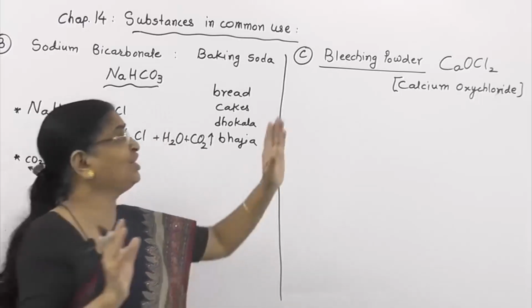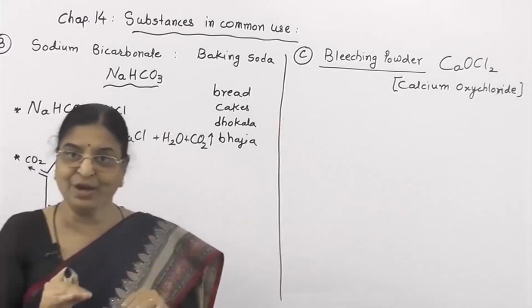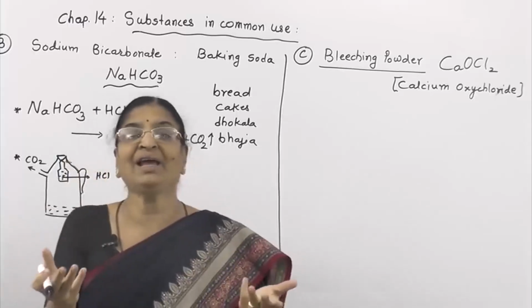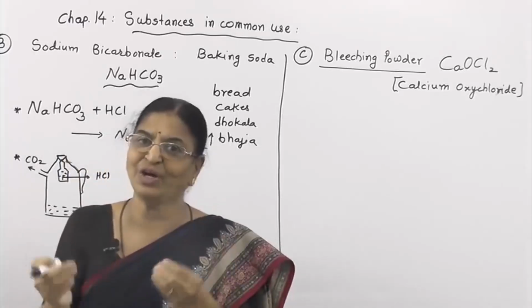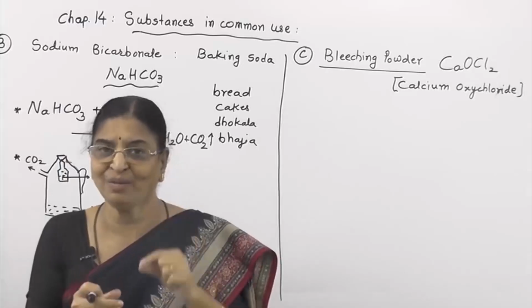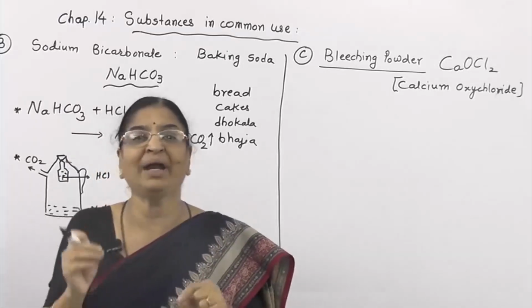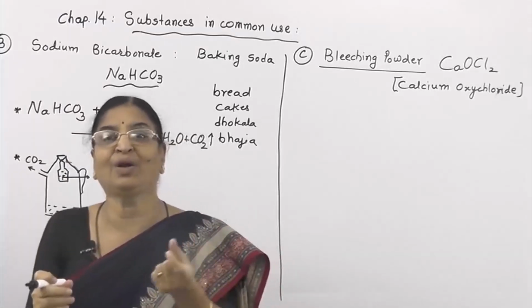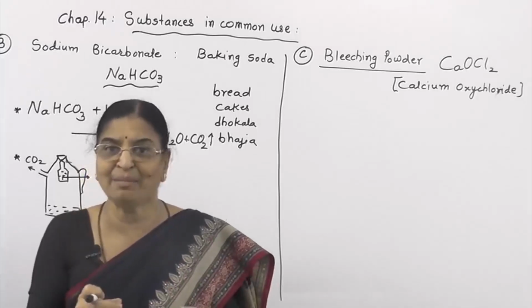As the percentage of chlorine is reduced, the quality of bleaching powder will also reduce, and so the quality of this bleaching powder depends upon the available chlorine.